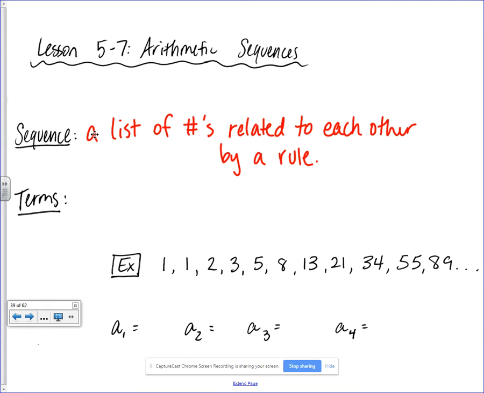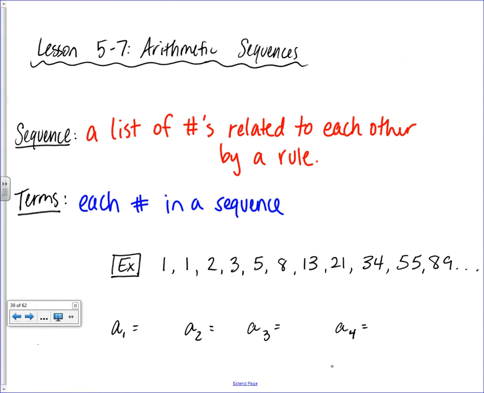When I refer to a term, that just means each number in a sequence. So if I say the first term, that's the first number in the sequence. If I say the 8th term, that's the 8th number in a sequence. For example, let's take a look at this sequence here: 1, 1, 2, 3, 5, 8, 13, 21, 34, 55, 89, and so on.